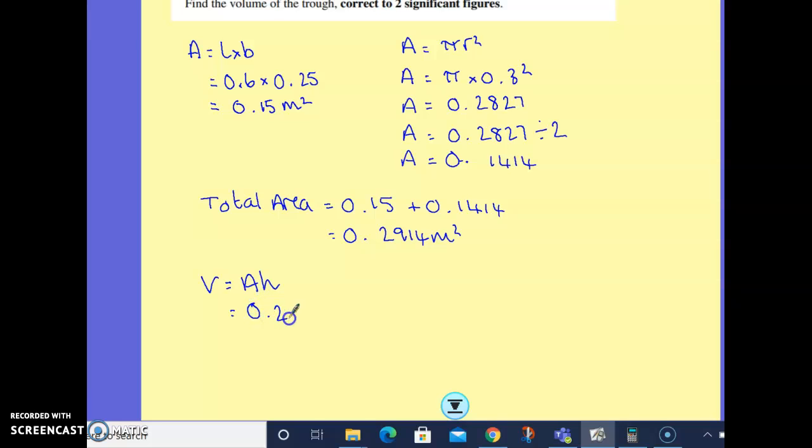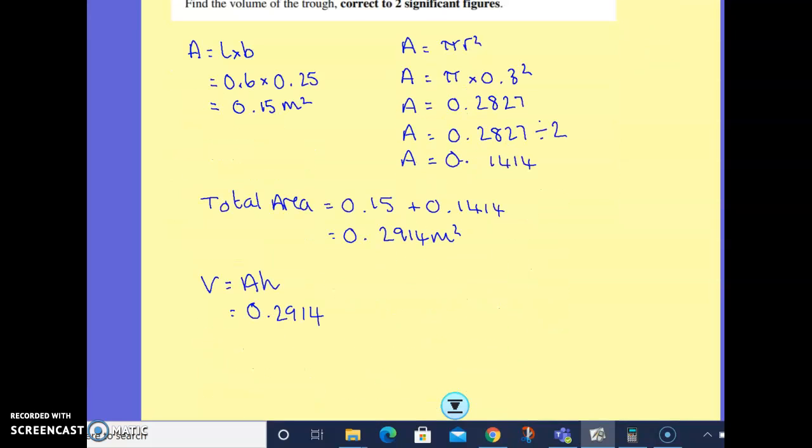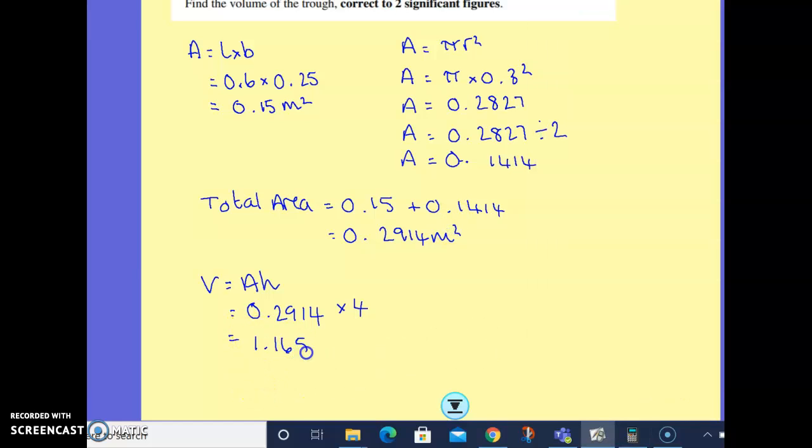So 0.2914. The height is the distance that we can push that cross section through, which here would be 4 metres. So I need to times that by 4, and we get 1.165 metres squared.